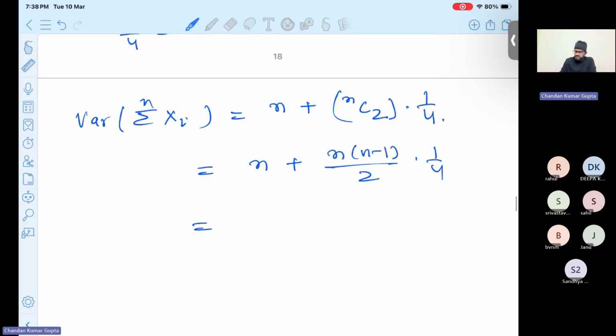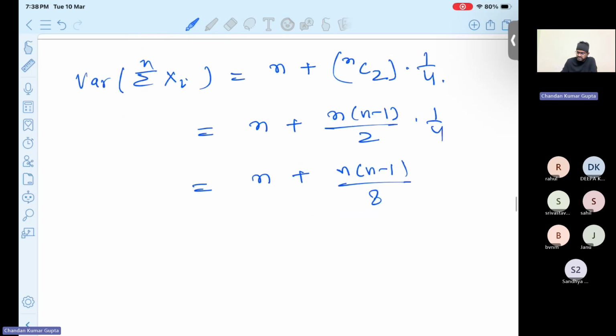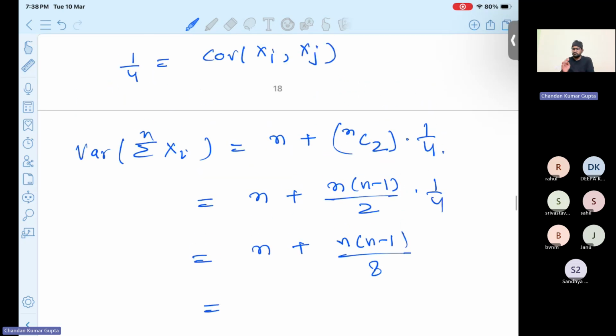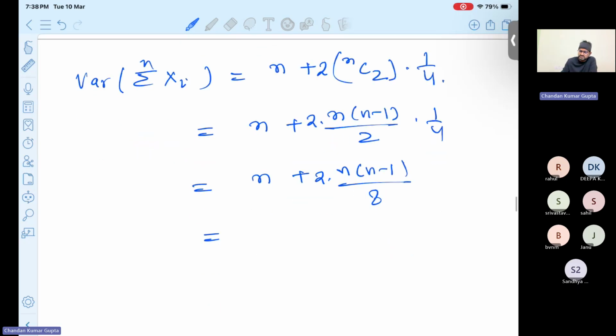So it comes out to be, okay, have I made any mistakes? n plus n into n minus 1 upon 8. I think up to this point it is okay. There is one more: twice is multiplied here, no? So obviously it comes out to be 1 by 4, I can write it directly.